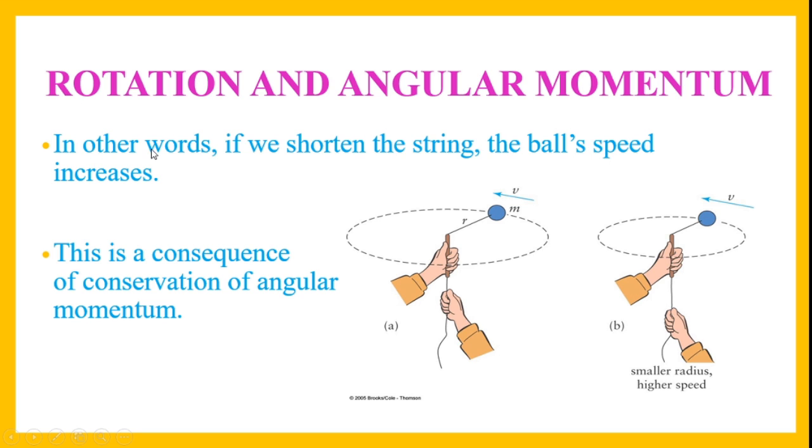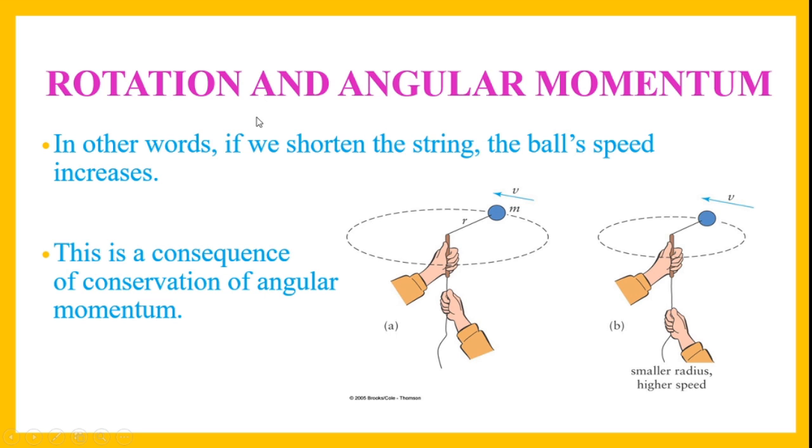In other words, if we shorten the string, the ball's speed increases. Try this at home with a longer radius and swirl the marble in the air. Then decrease the radius, that means shorten the length of the string, and again swirl in the air and observe how the speed changes, whether it is increasing or decreasing after shortening the length of the string.